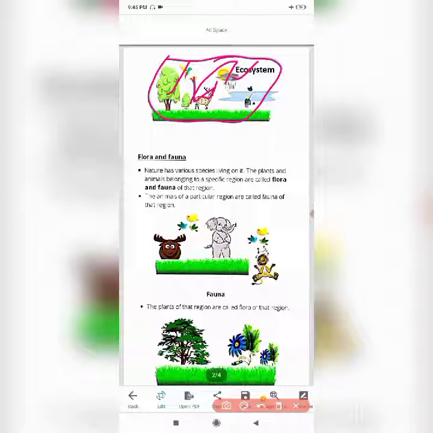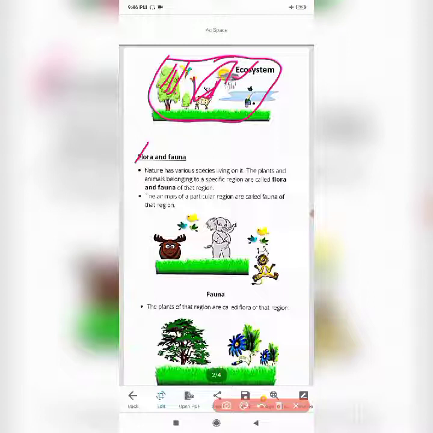Earth is an ecosystem. Then on this earth there are living things which are divided into two parts, and those parts are flora and fauna. Flora means all the plants, and all the animals are fauna.